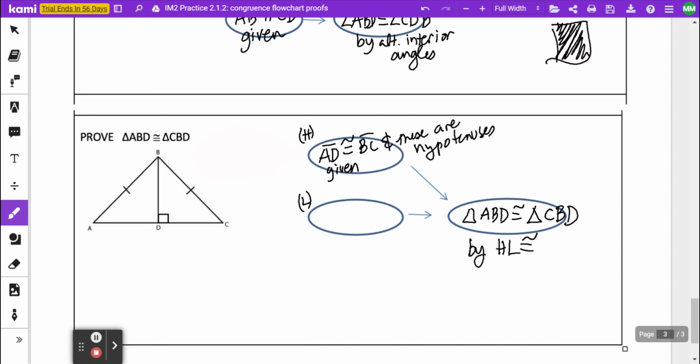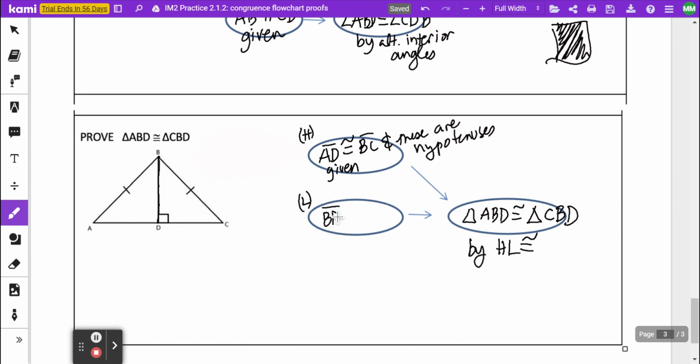And if you wanted, you could include that extra bubble so that this one wasn't so full. And in that extra bubble, you would have said that the triangles are right triangles, which is also given by the right triangle angle. Okay, leg. The leg which is congruent to both triangles is the one from their shared side, BD.